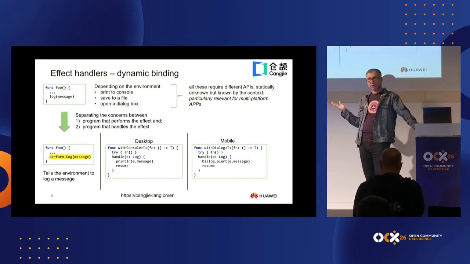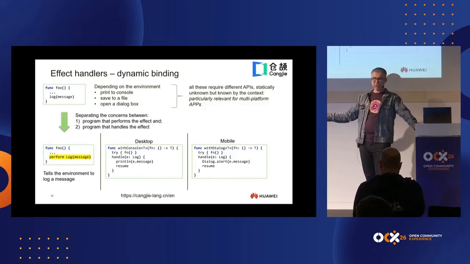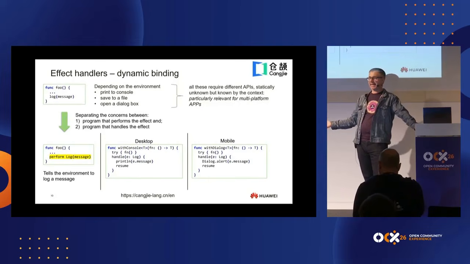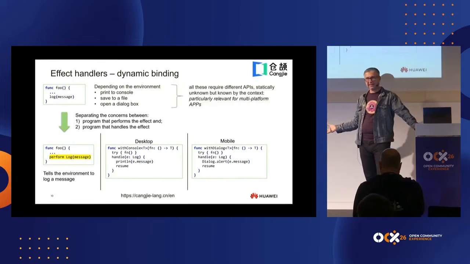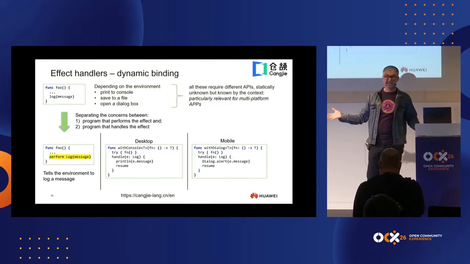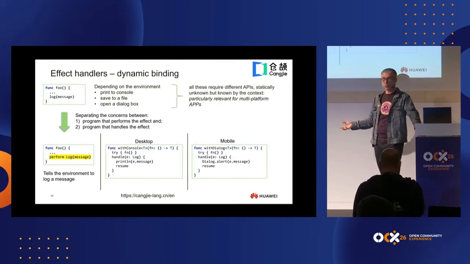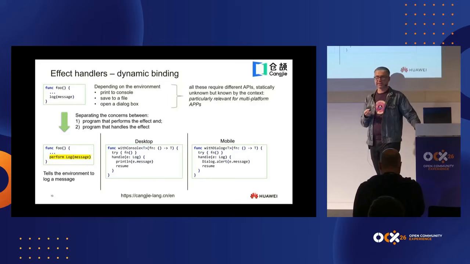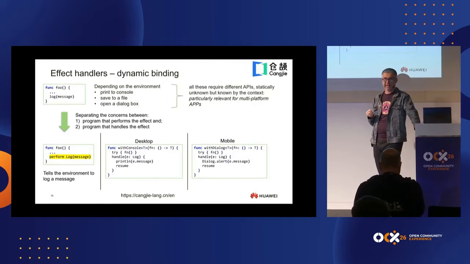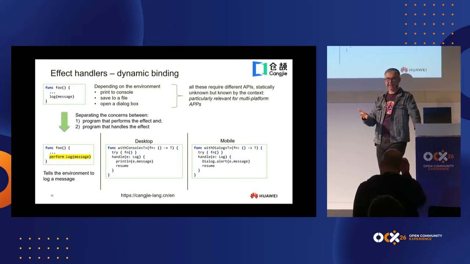That library can run on a laptop, on a mobile phone, on a watch, on some kind of IoT device that doesn't have a screen, or doesn't have a hard drive, or doesn't have a console. There's no standard way to do logging across all platforms. So then what do you do? Well, in that case, you need to use dynamic binding.